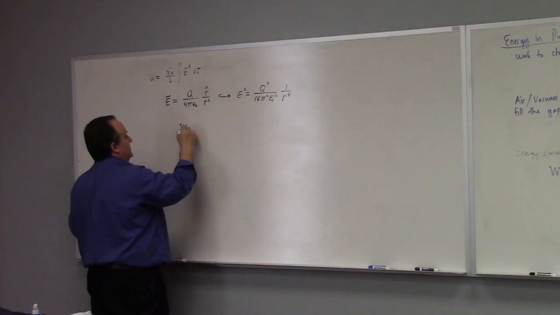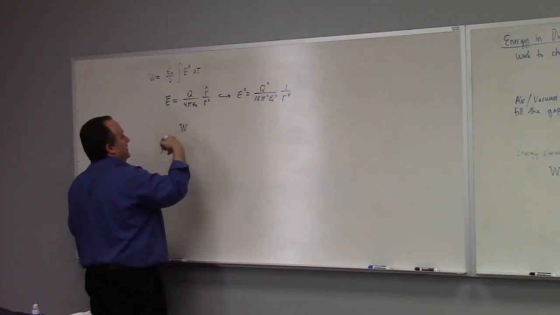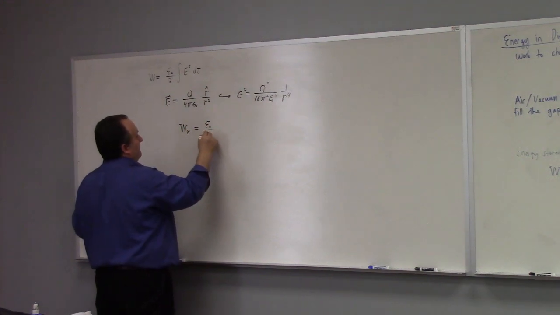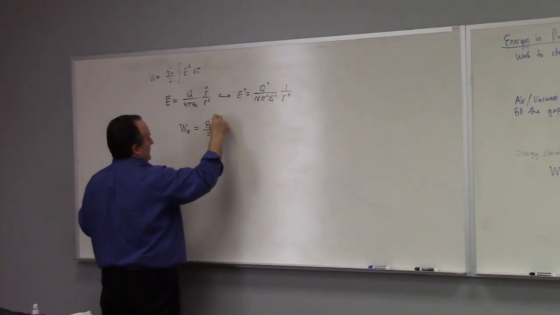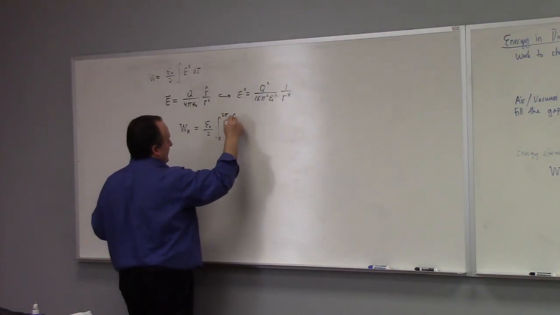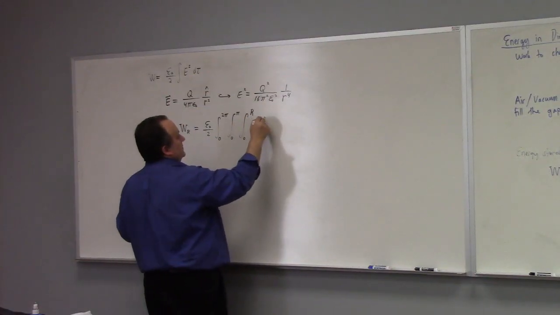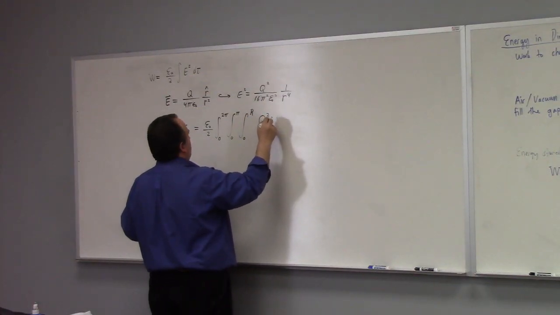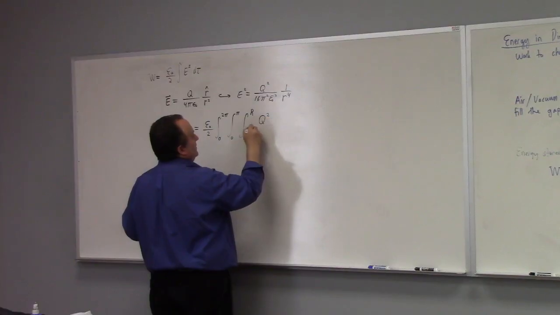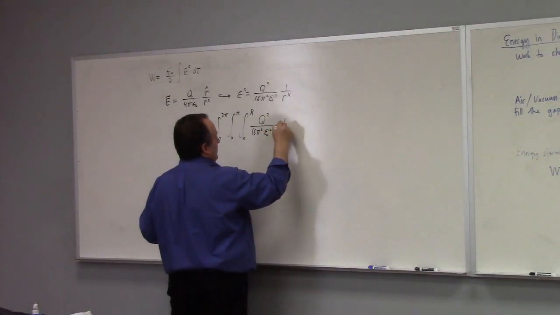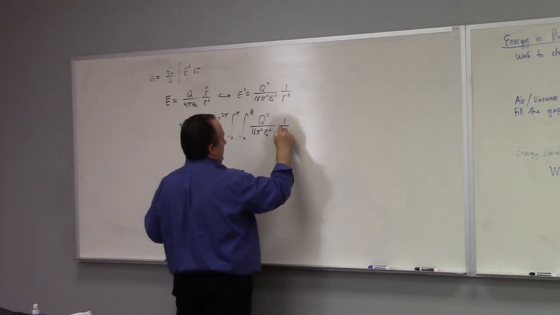So let's calculate the energy in the Coulomb field out to radius, let's say, big R. We integrate from 0 to 2 pi, from 0 to pi, and from 0 to R, of Q squared over 16 pi squared epsilon naught squared, times 1 over r to the power 4.